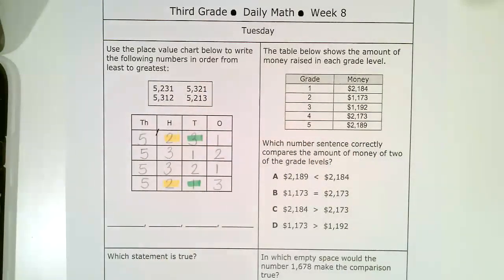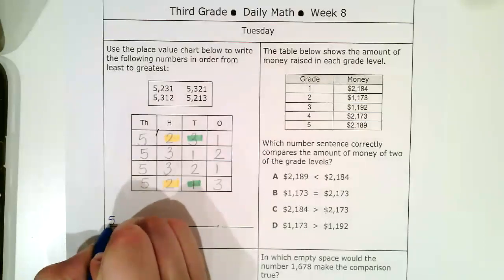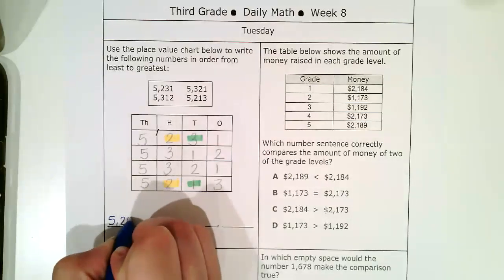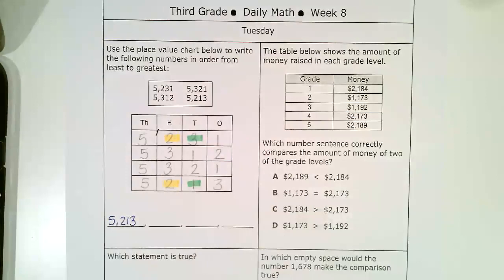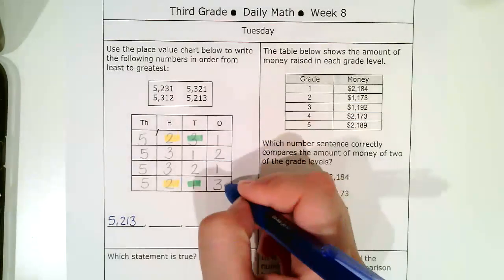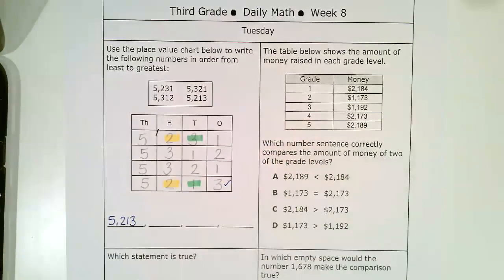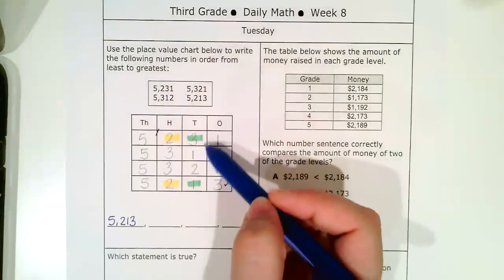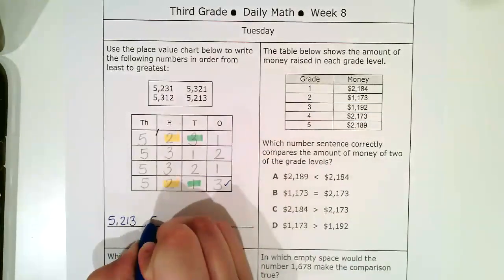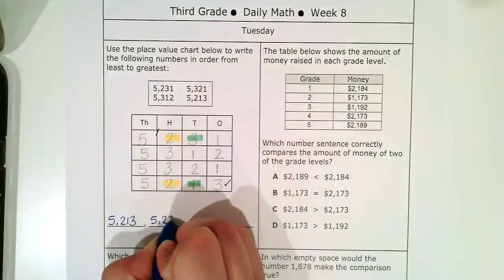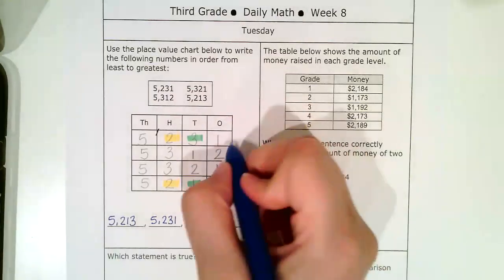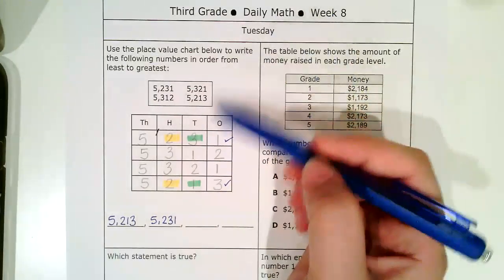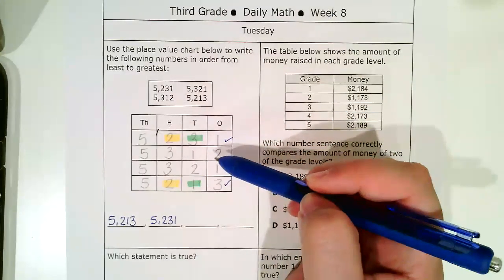So I am going to write 5,213 first. Okay, I'm actually going to put a little check mark because I've already used that number. And then the next number would be 5,231.